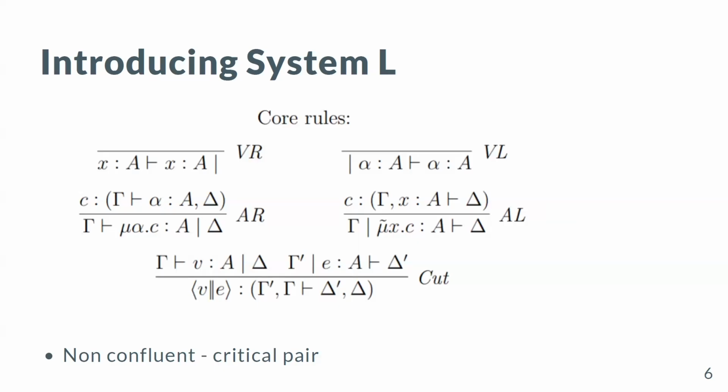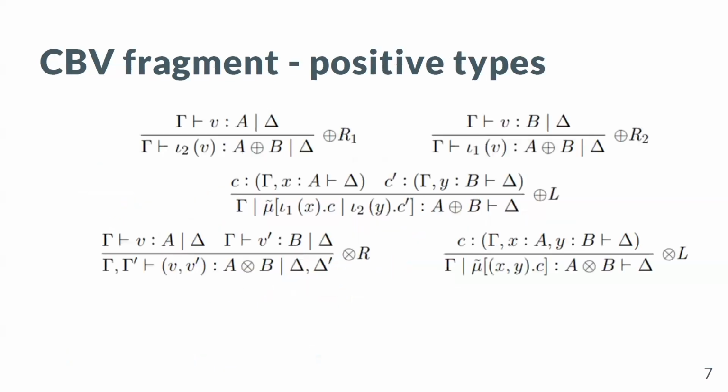So in practice, this gives you two subsyntaxes. The positive fragment, the call by value fragment, prioritizes data or simple producers. The main thing is the two introduction rules for plus and the elimination using a case statement, and then the introduction for pairs and the elimination using the pattern for pairs.